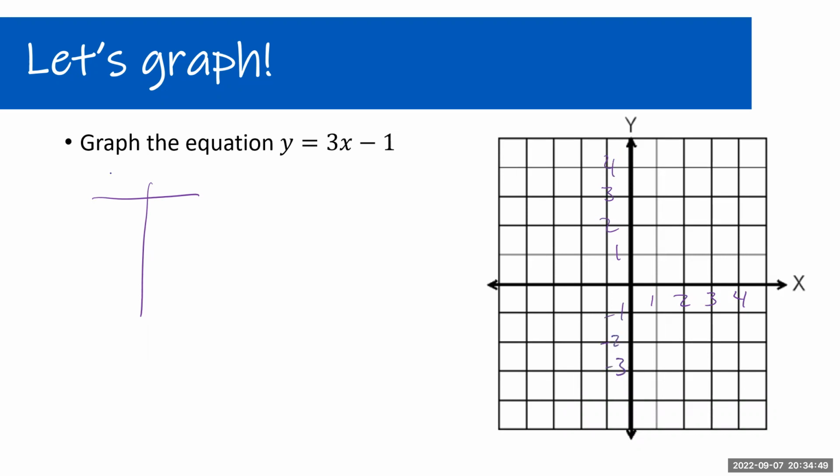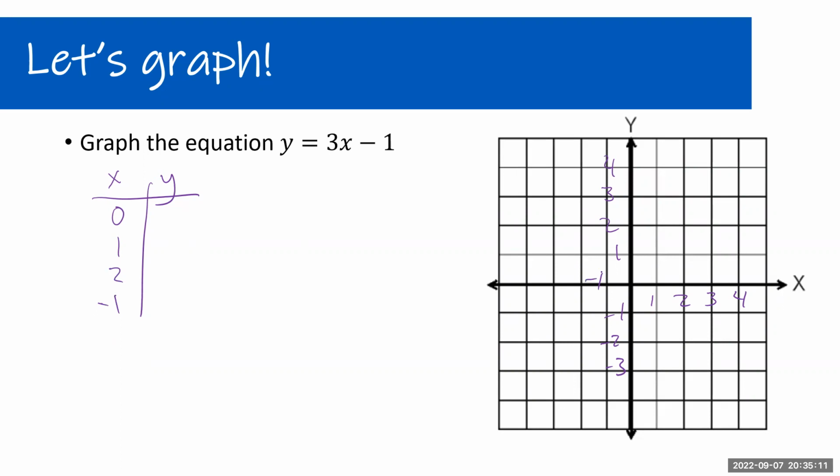The simplest that I often like to do is just make a table. You can find your intercepts. That's fine. It's going to give you the right answer. But we can also pretty easily do this. Let's check when x is 0, when x is 1, 2, and negative 1, just to make a point.